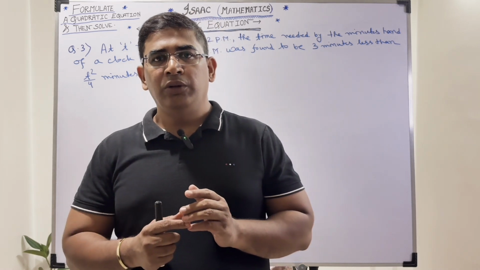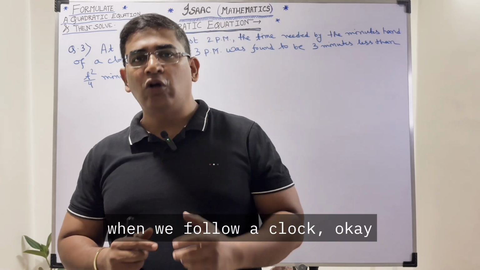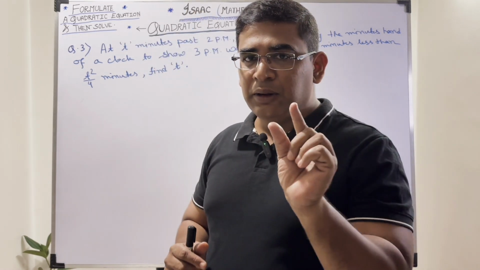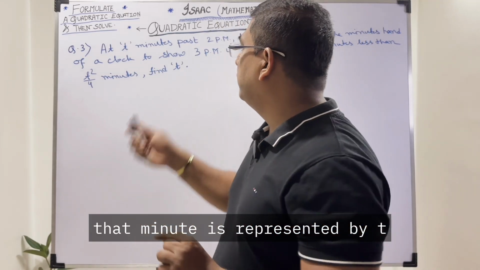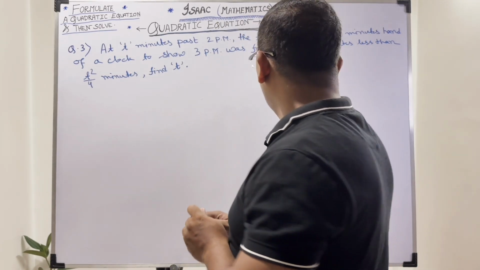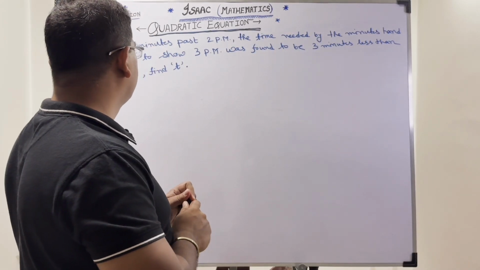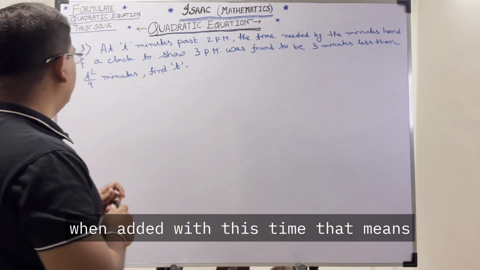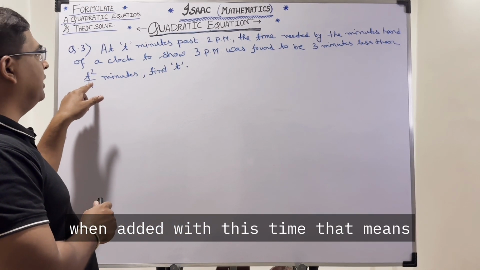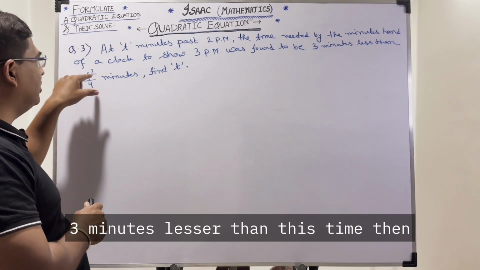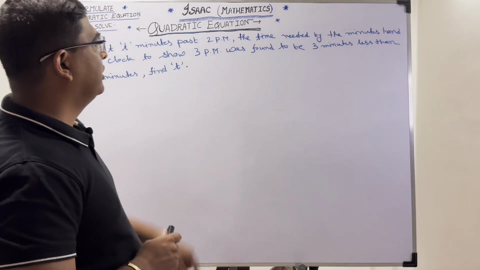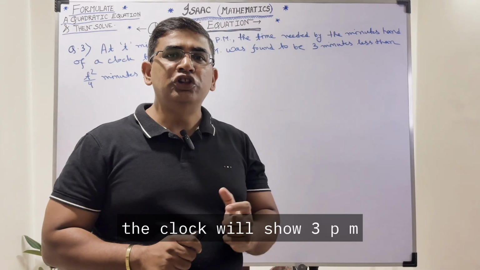Already we know when we follow a clock. So that minute is represented by t, which when added with this time, that means 3 minutes lesser than this time, then the clock will show 3 p.m.